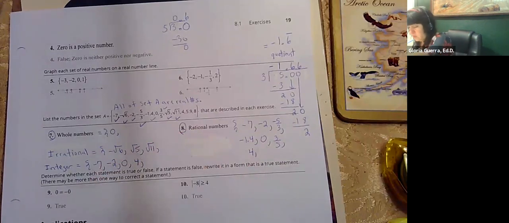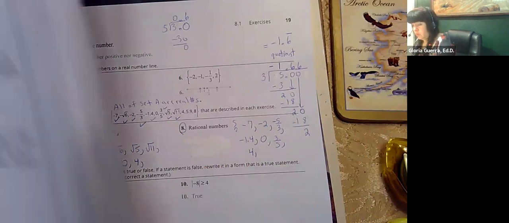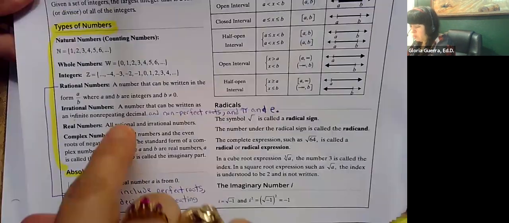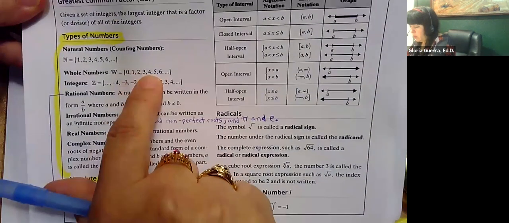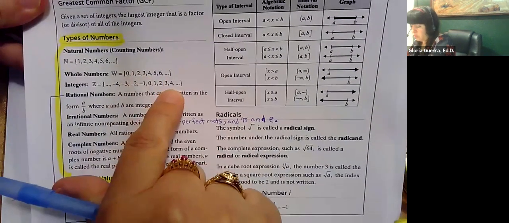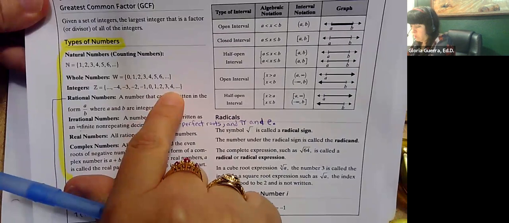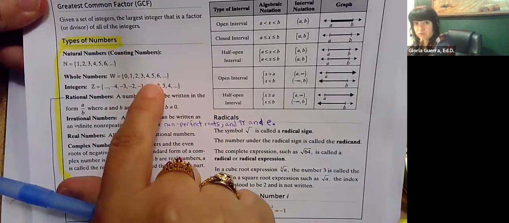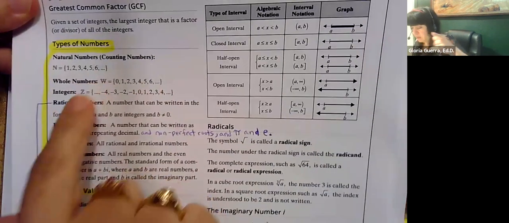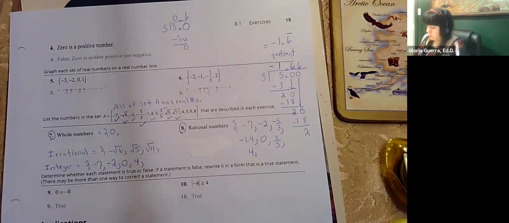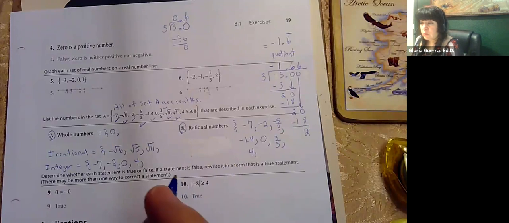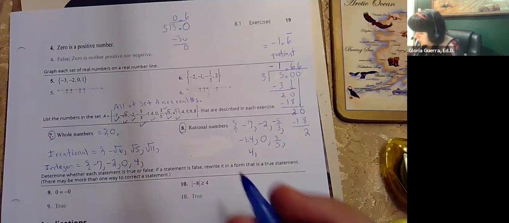And 4 is also going to be a whole number and an integer and a natural number. Wow, we haven't seen natural numbers. We need the new natural numbers.